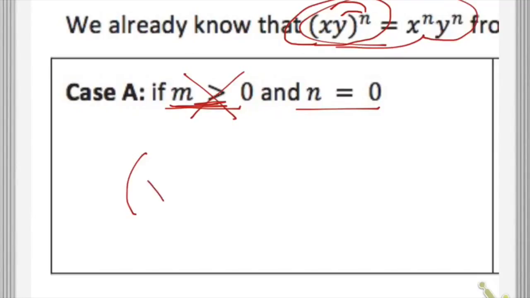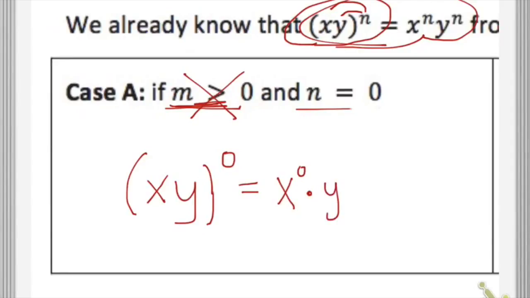And we have x times y to the n. And if we have that n being 0, that is going to be the same as x to the 0 times y to the 0, which is just 1 times 1, which is equal to 1.